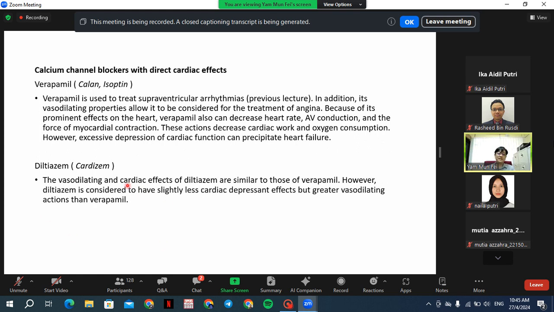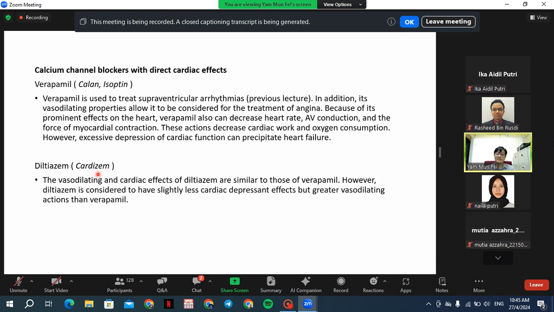Same thing happens with diltiazem as well. So this type of drug can be used to treat or control arrhythmia conditions.